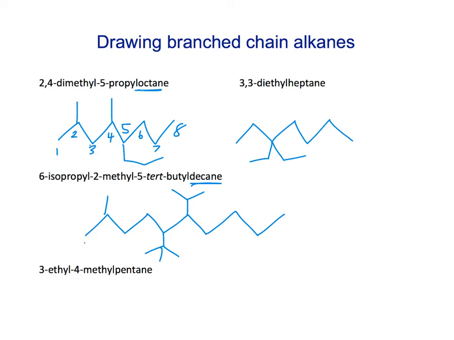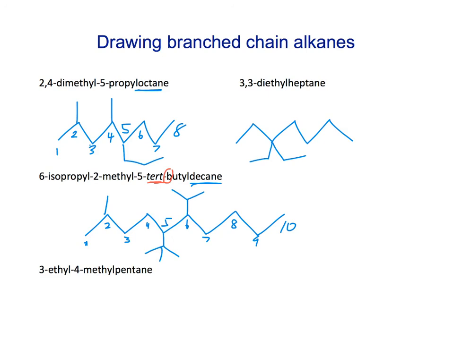Okay, the numbering looks right. So 1, 2, 3, 4, 5, 6, 7, 8, 9, 10. Substituents are 2-methyl, 5-tert-butyl, 6-isopropyl. That all looks good. What about the name itself? Well, what about the alphabetizing? Remember, tert we shouldn't be including in the alphabetization. So the B should be used for alphabetization.